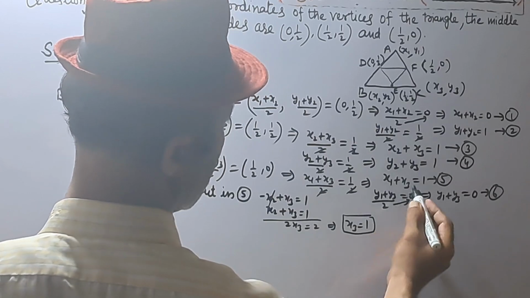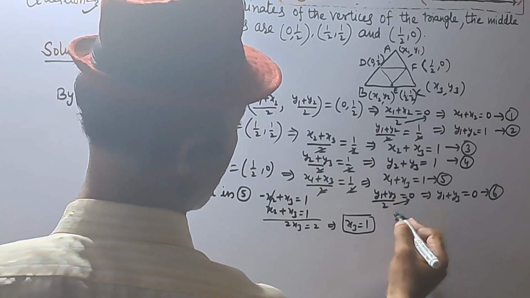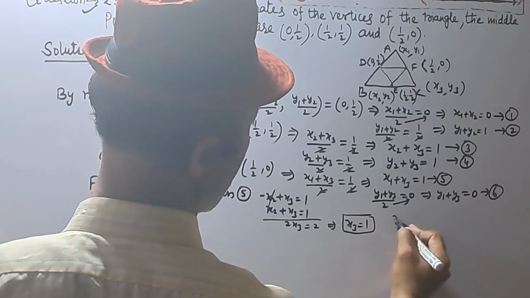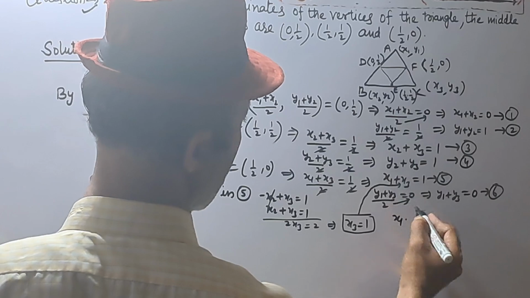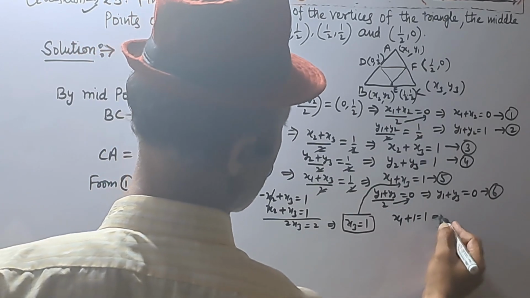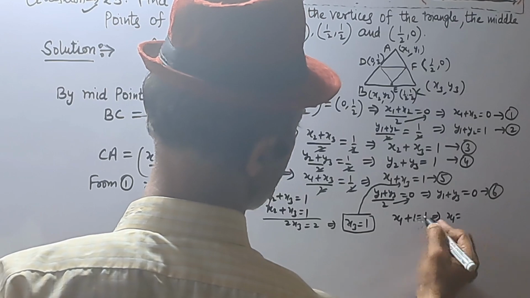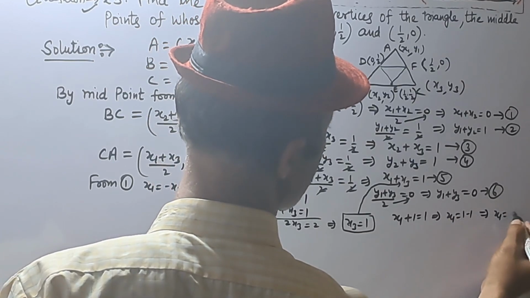And we are putting x3 is equal to 1 in equation 5. x1 plus 1 is equal to 1, which implies x1 is equal to 1 minus 1, and x1 is equal to 0.